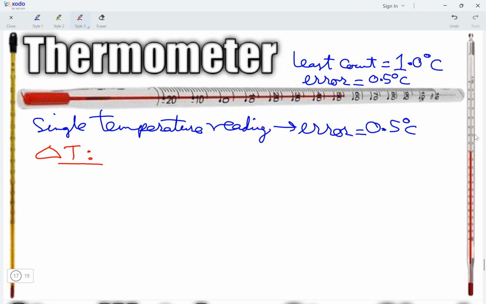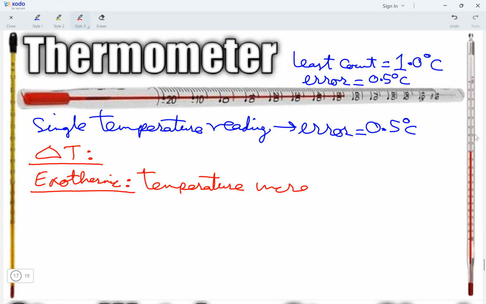So, there are two types of experiments that use temperature readings. One is an exothermic reaction. So, in an exothermic reaction, the temperature increases. So, what we do is we measure the initial temperature and then we measure the final temperature.